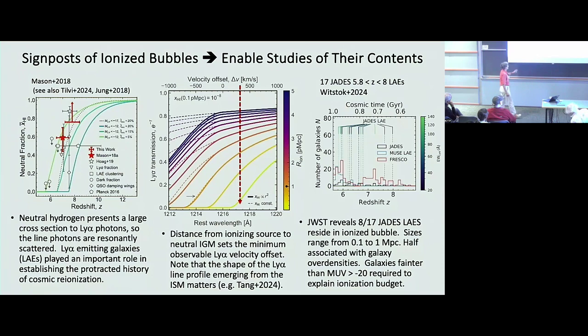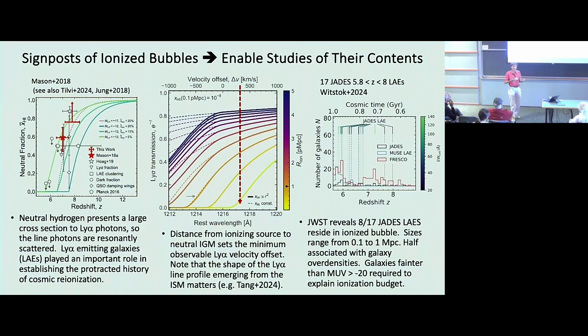To take a case in point, these are some models from Mason and Gronke, 2020. What it shows here is, as a function of the velocity offset from the line center of the Lyman alpha line, what the transmission is through the intergalactic medium, as a function, in color, of the size of the ionized bubble.